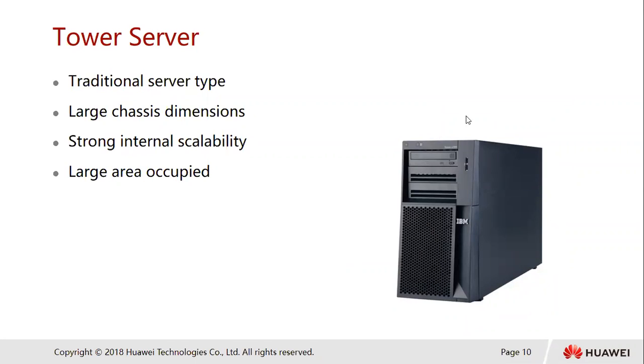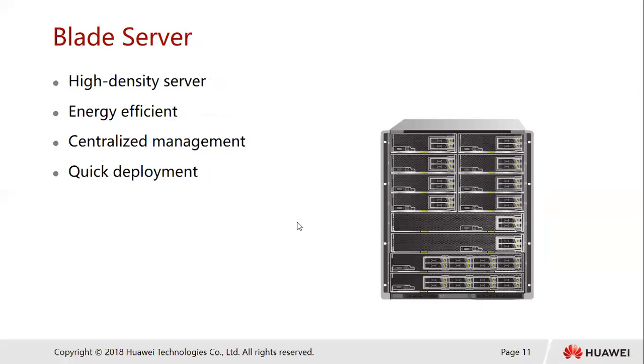So this is the tower server here. The traditional server type, with large chassis dimensions. It has strong internal scalability, and also it occupies a larger area in an organization.